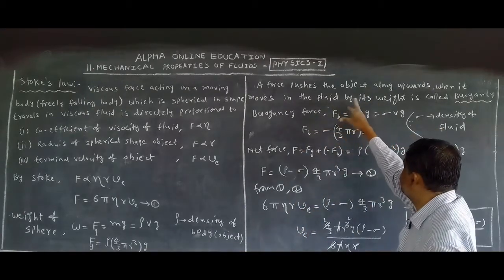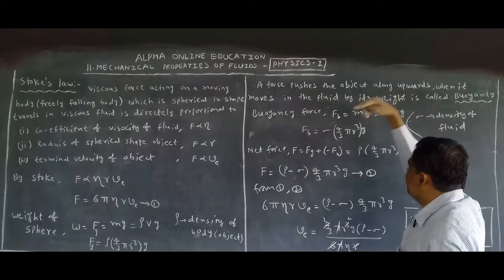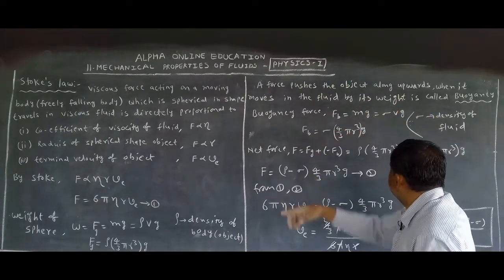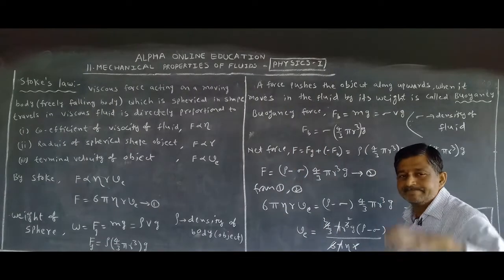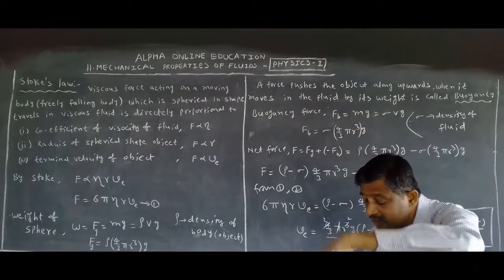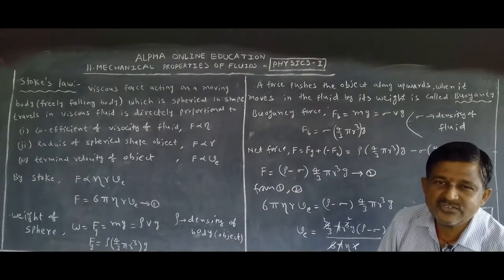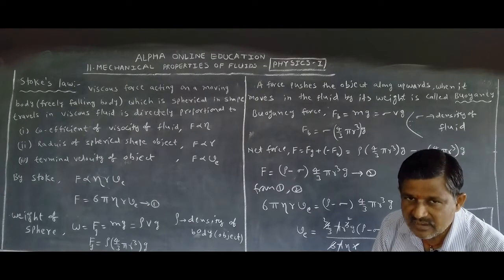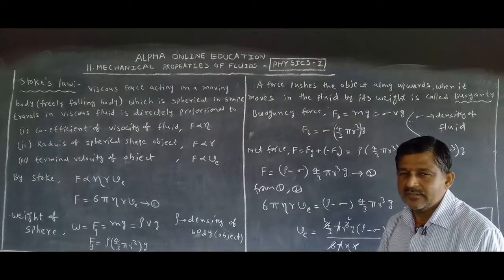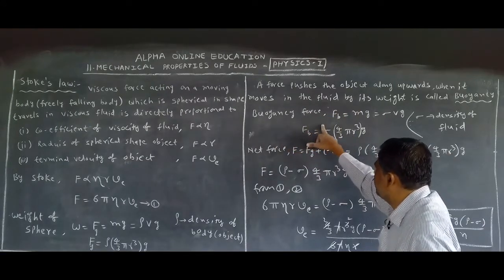When the object moves in the fluid by its weight, one force acts along upwards. That force is called buoyancy force. In which direction does it act? Upwards. Now what is the equation for buoyancy?